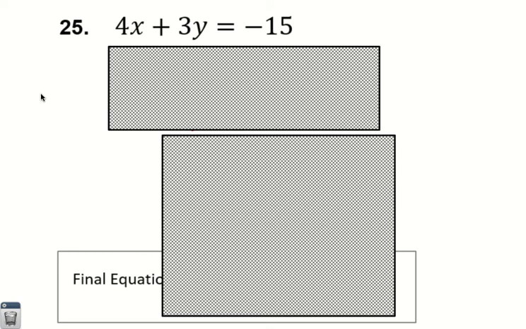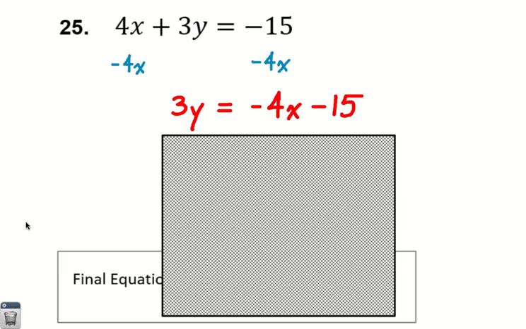Well, in number 25, final problem, in order to get y by itself, there's going to be this that has to get out of there, as well as the 3. So the first thing we get rid of is the entire separate 4x term by subtracting it from both sides.